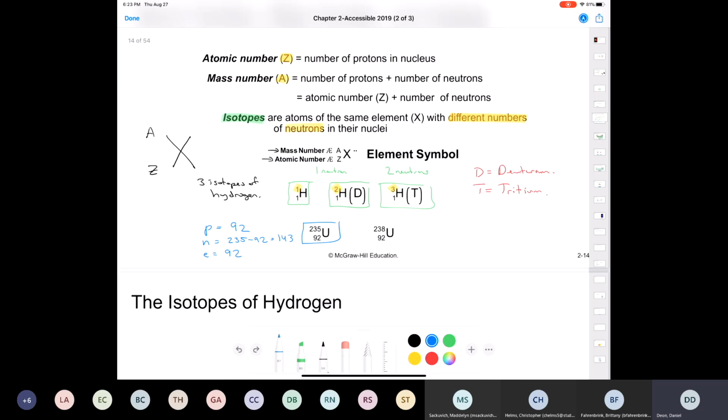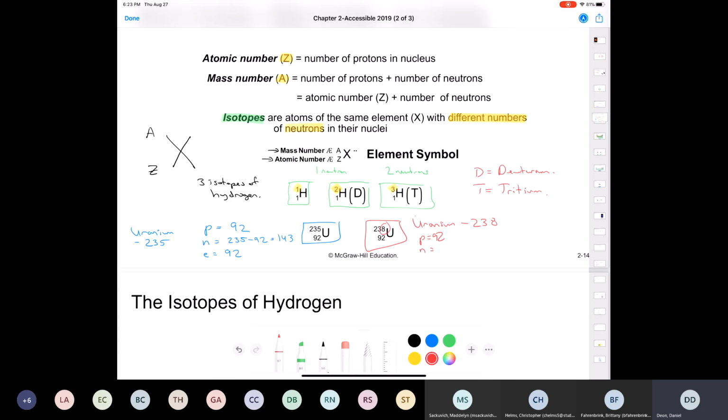So we would call this uranium-235. Over here we have uranium-238. It still has 92 protons. How many neutrons does it have?